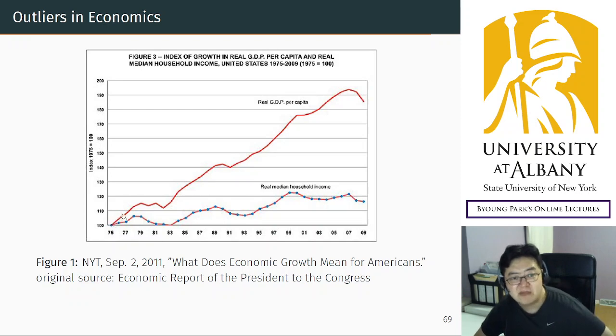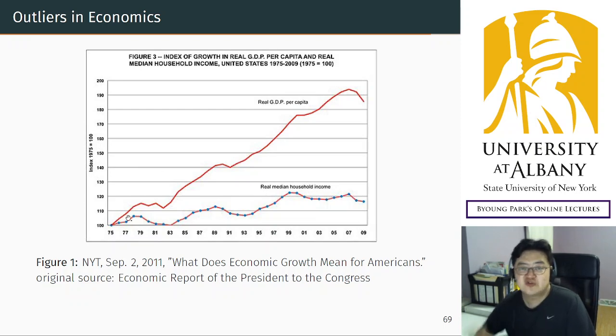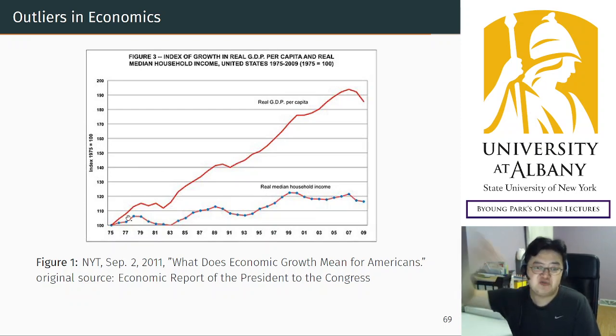If you look at the mean, the income in the United States has grown a lot, nearly doubled from about 100 in the past 40 years. However, if you look at the median, the income increased only by about 20%, less than 20%. So they are so much different. Its interpretation is pretty clear. In the past 40, 50 years, only the super rich became much richer.